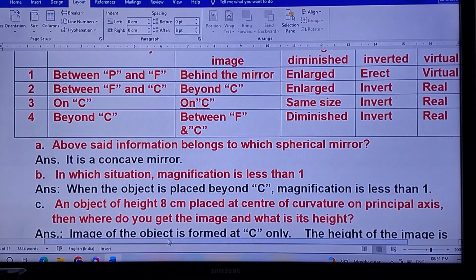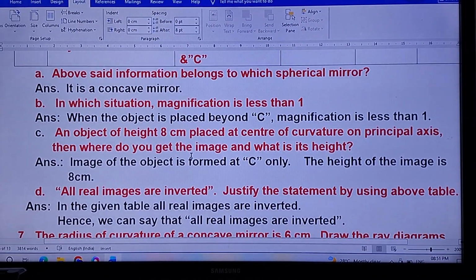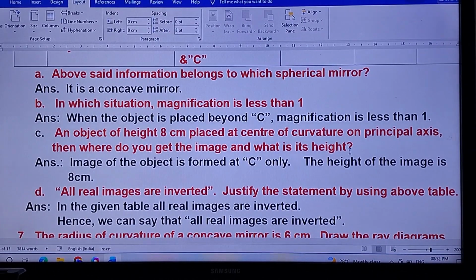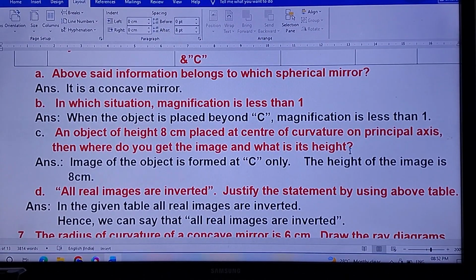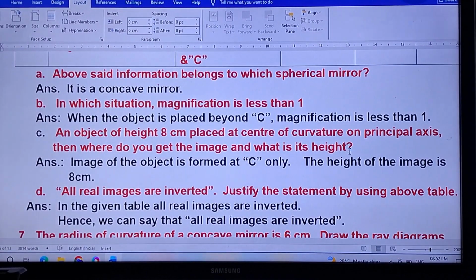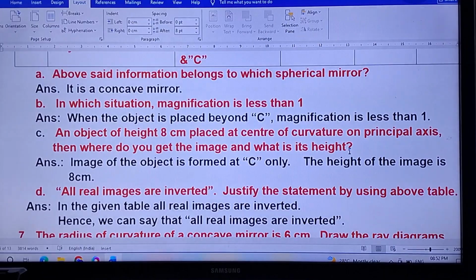An object of height 8 centimeters is placed at the center of curvature on the principal axis. Then where do you get the image and what is its height? What is given here, children? An object of height 8 centimeters, placed at the center of curvature on the principal axis.